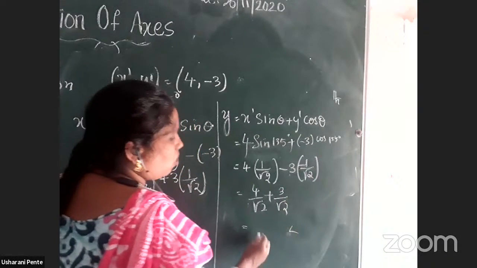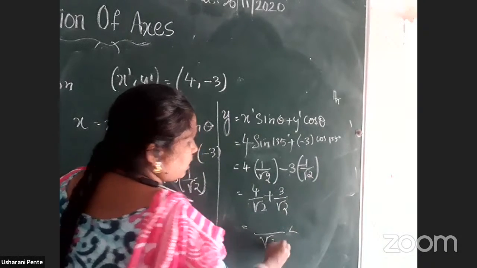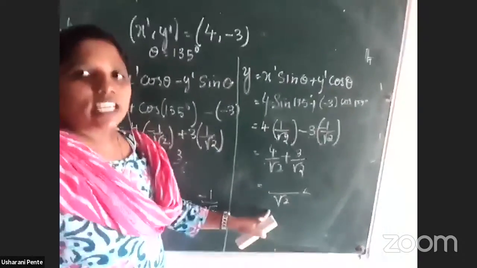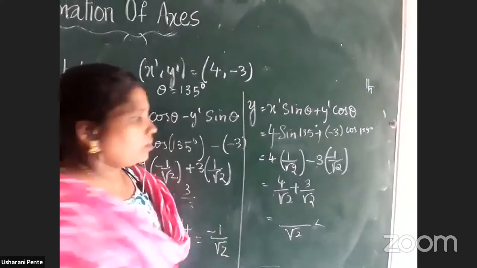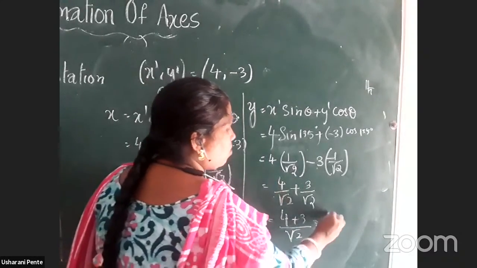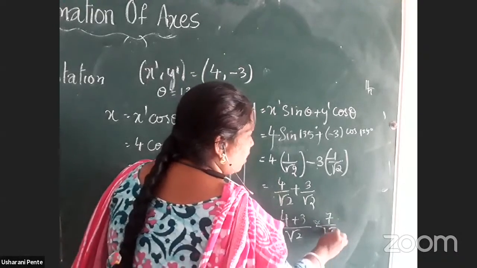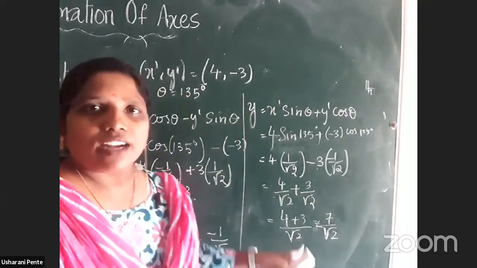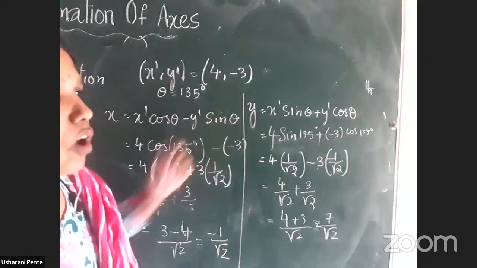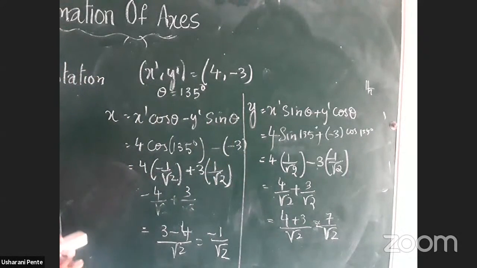The denominators are the same, so we take root 2 as the denominator and add the numerators, 4 plus 3, which is 7 by root 2. This is the y coordinate of the original system.